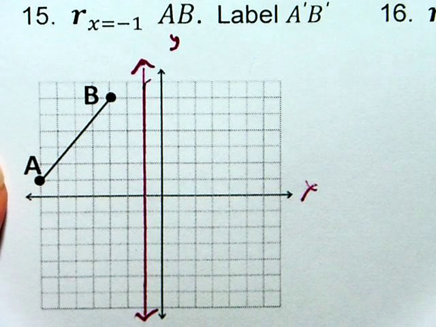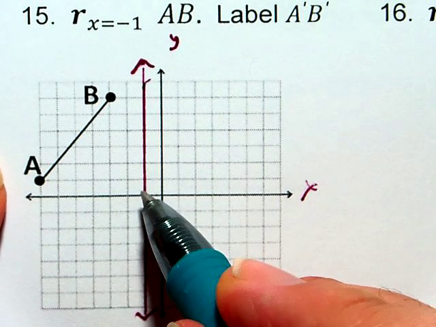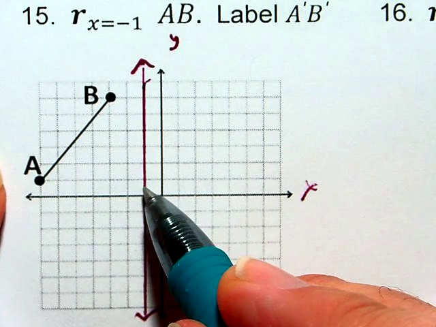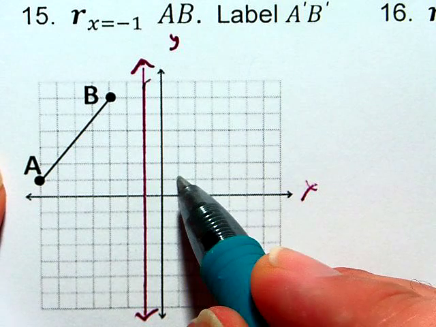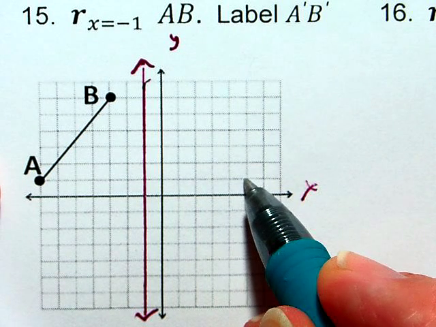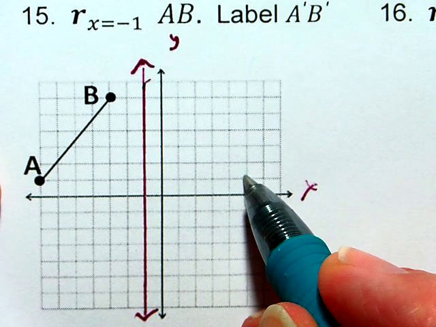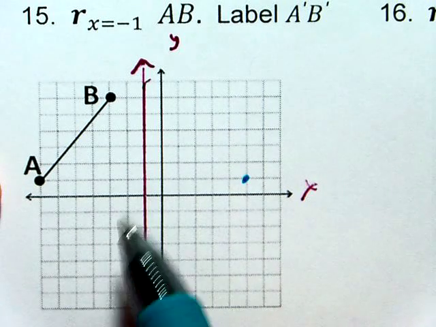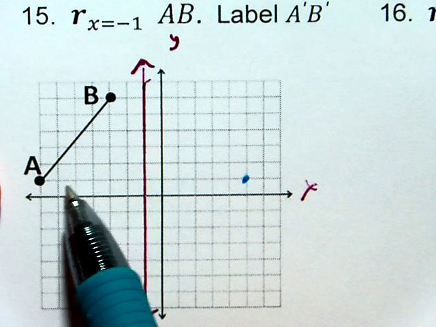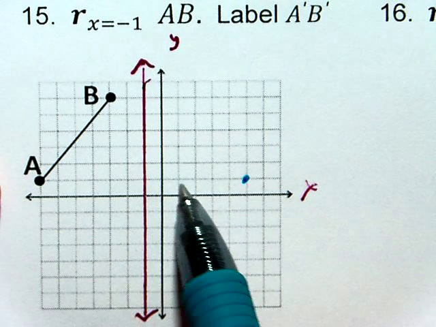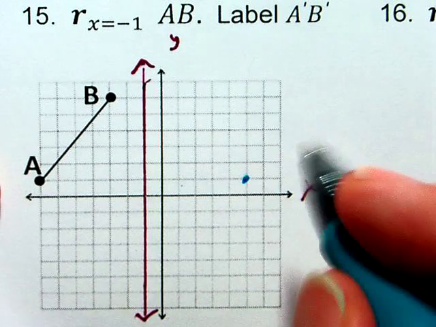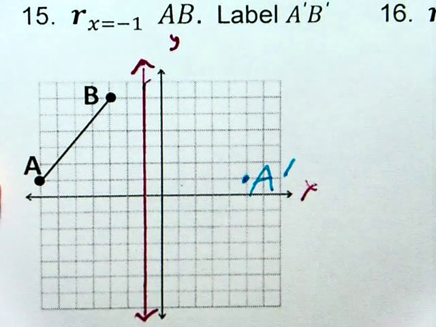So point A prime is going to be 6 units to the right of the mirror line, which is x equals -1. 1, 2, 3, 4, 5, 6. It's going to be over there. So this is A prime.